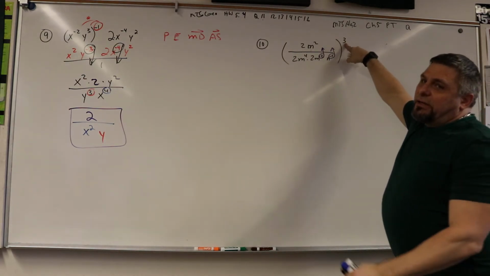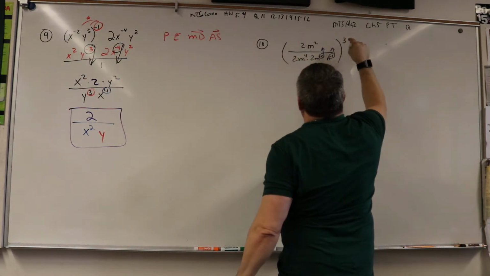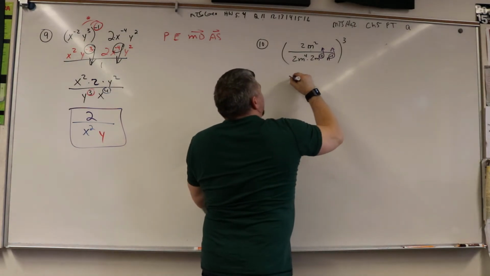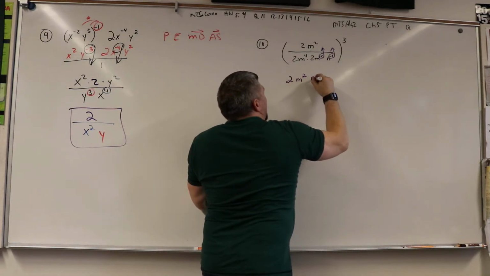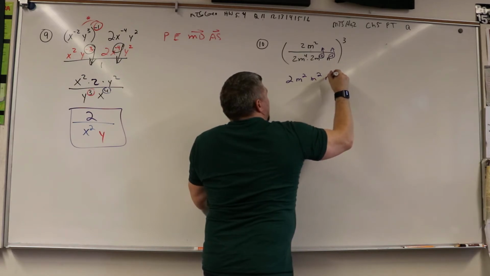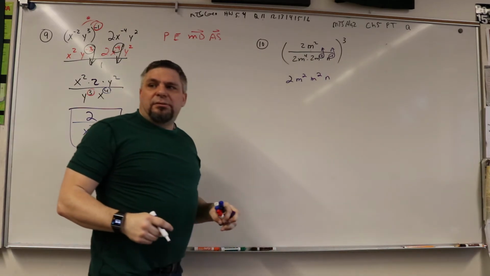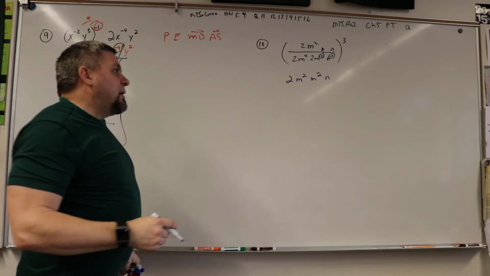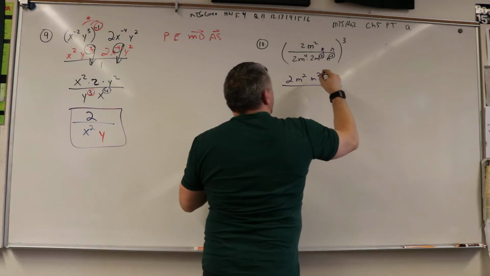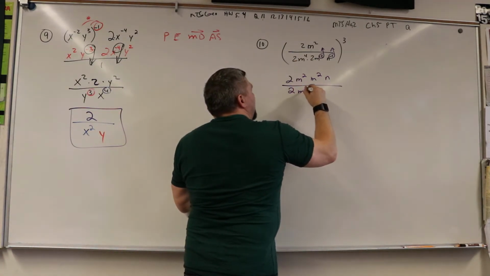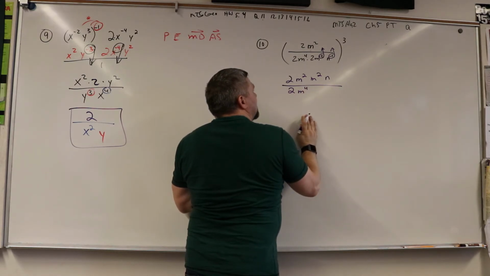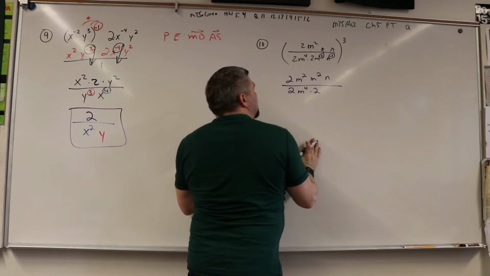So I want to do everything in here before I deal with this guy. So I have 2m squared times m squared times n, and then it's over 2m to the 4th times 2. And then that's it.